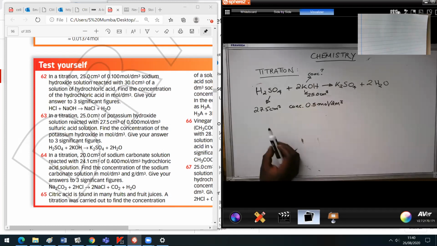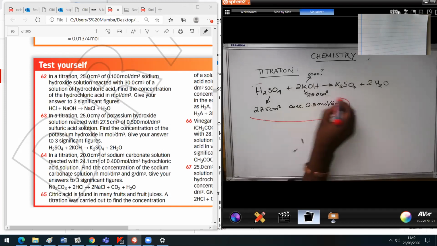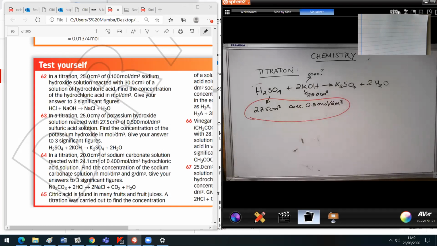Now we need to ask ourselves, of this sulfuric acid, how many moles of it were used? What formula do you reckon we're going to use if we want to work out the number of moles of sulfuric acid that were used? Concentration equation. Yeah, okay, so we're going to go to our concentration equation. What does that state?